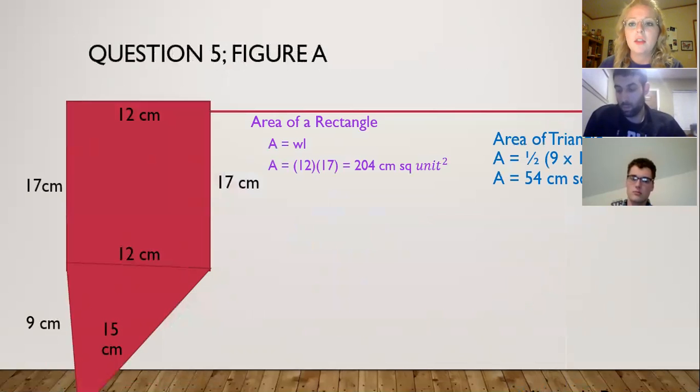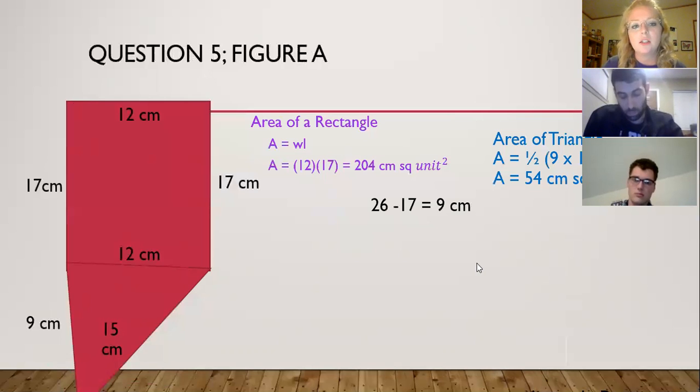And then we're going to look at the area of the triangle. So we'll plug in 1/2 times 9 times 12, and that gives us an area of 54 square centimeters. And then we're going to subtract 17 from 26, because when this whole side is together, it adds up to 26.